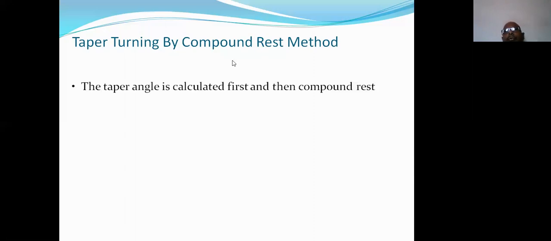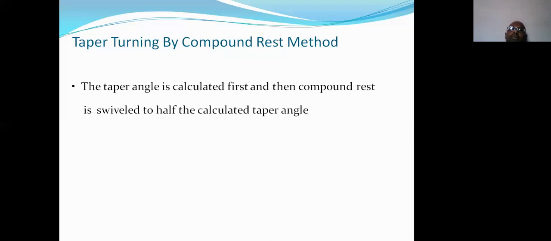But in this compound rest method, the taper angle is calculated by using the geometry of the component. The larger diameter and smaller diameter, in addition to the length of the taper, are used to calculate the taper angle.